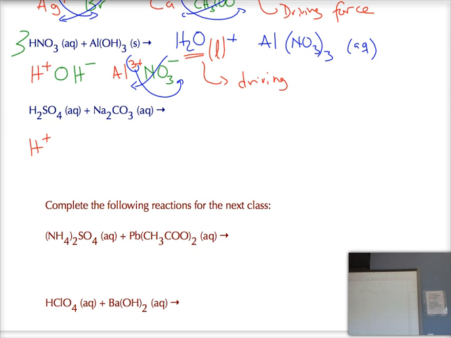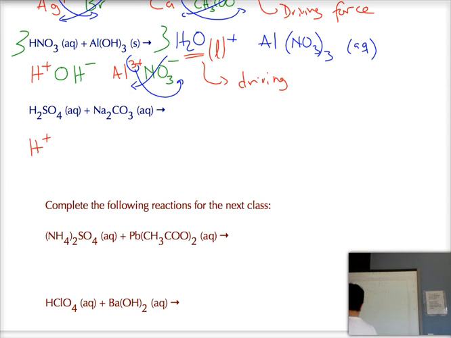I have 2 hydrogens here. If I put a 3 there, I think we are now completely balanced. We can check by checking the aluminums and the oxygens. We've got 9 plus 3, 12 oxygens. 3 plus 9 is 12 oxygens. We've got 1 aluminum. And so we are balanced. All right. So back to the other reaction very quickly.